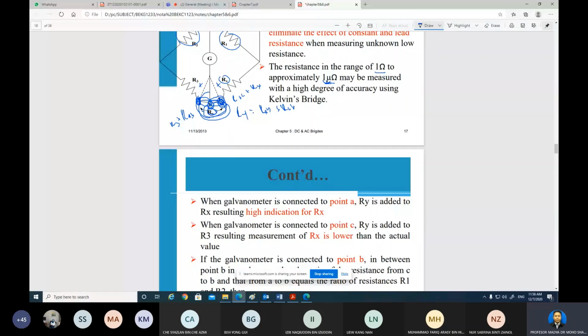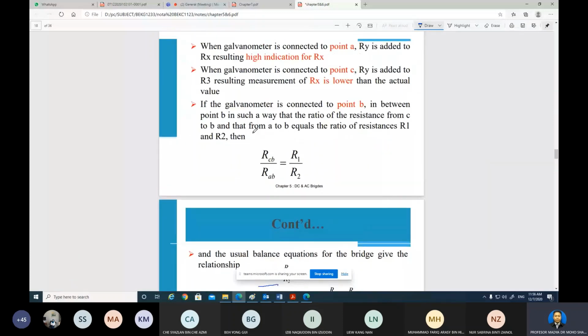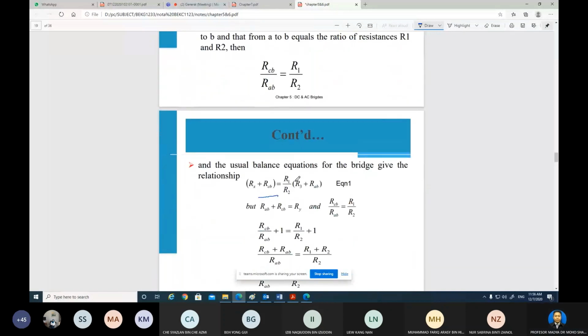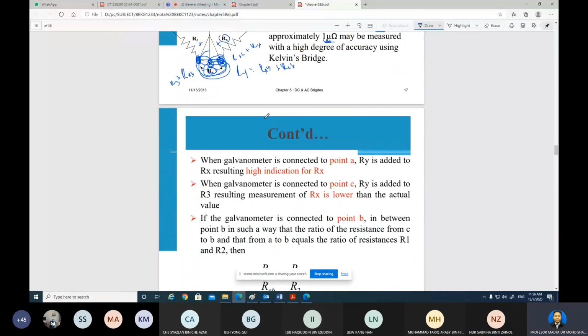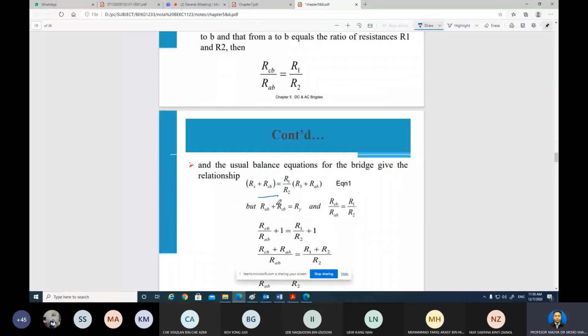When we put it at B, you can put Rx plus RCB, and also R3 plus RB here. That's how we get this equation. As mentioned, Ry equals RAB plus RCB.